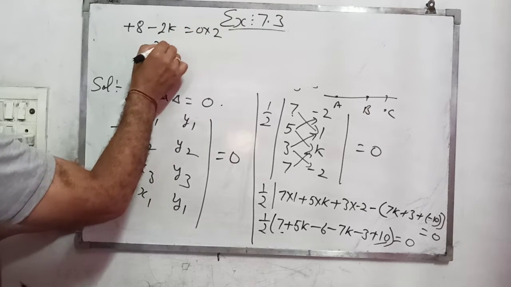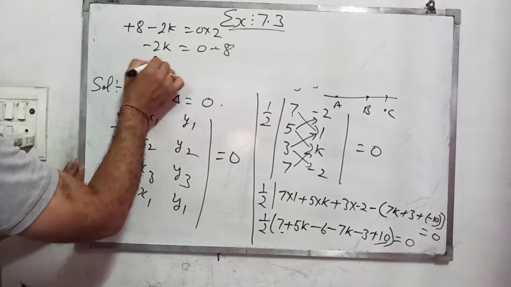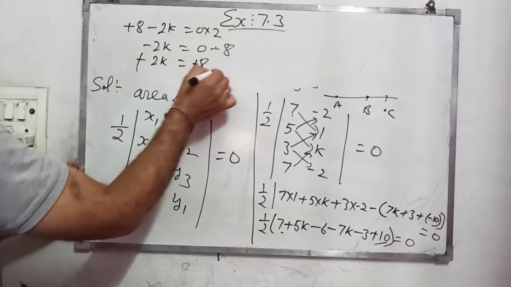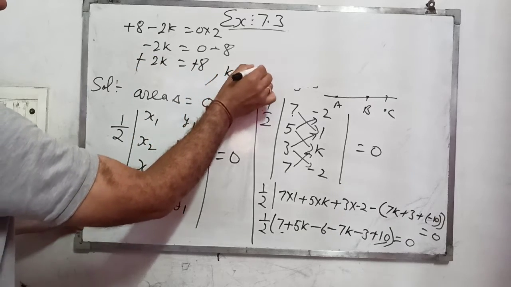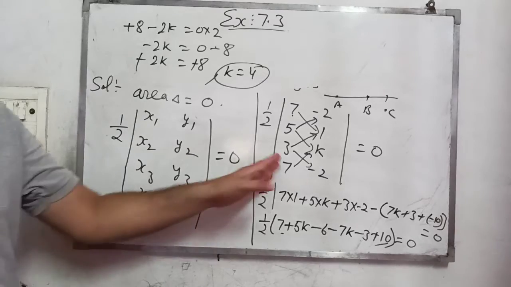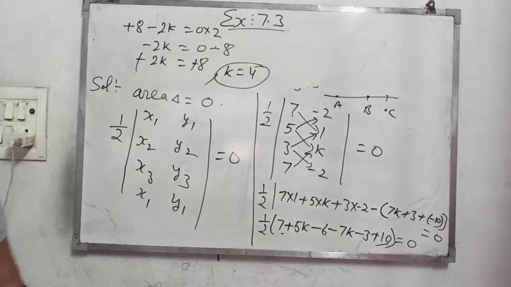So minus 2k equals 0 minus 8. So 2k equals 8, that is k is equal to 4. In such a way we find the value of k. We can use such a method to find the area of a triangle, right? So look at another question.